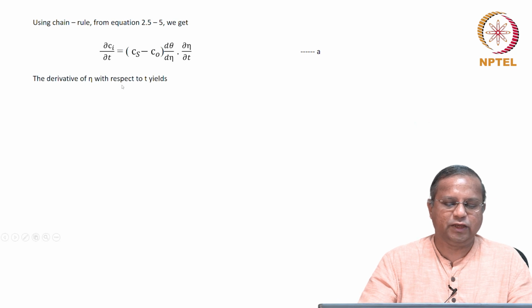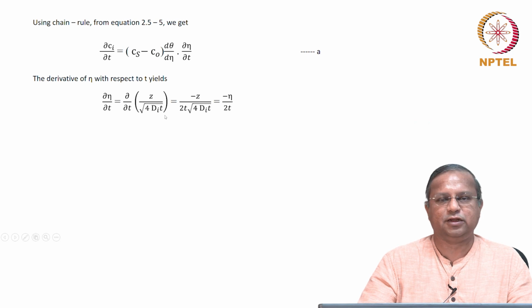The derivative of eta with respect to t, this one, is nothing but, what is eta? z by square root of 4Dt. So, the time derivative, this is t power minus half that is there.